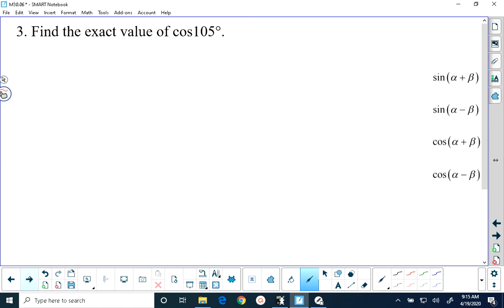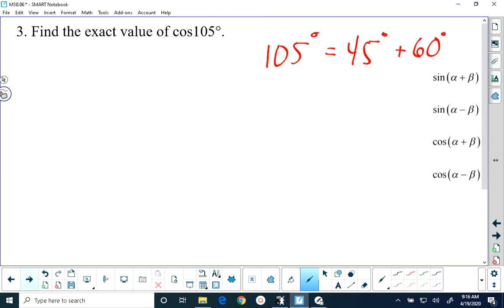But what we can do is recognize that 105 degrees is a sum of two angles that we do have information of regarding the coordinates. 45 degrees plus 60 degrees gives us 105 degrees.